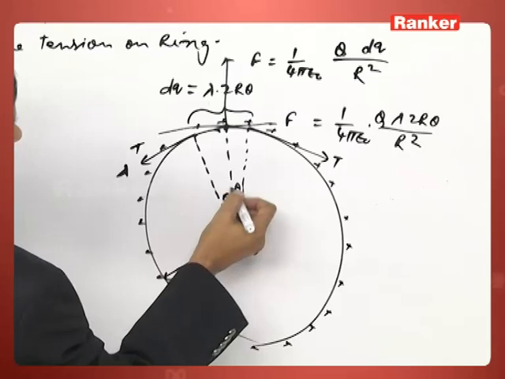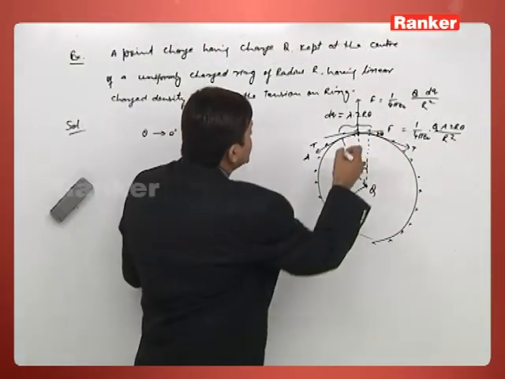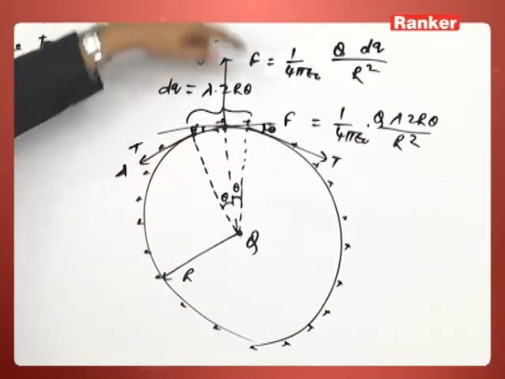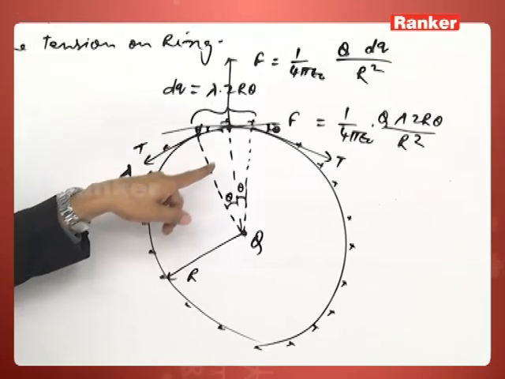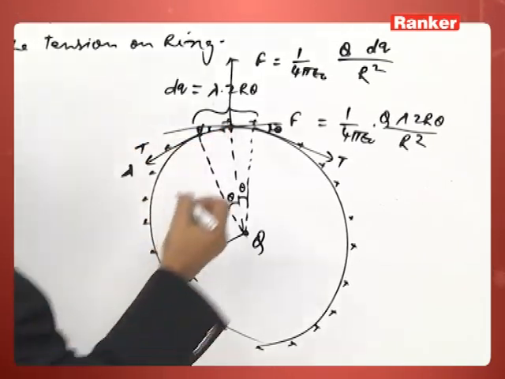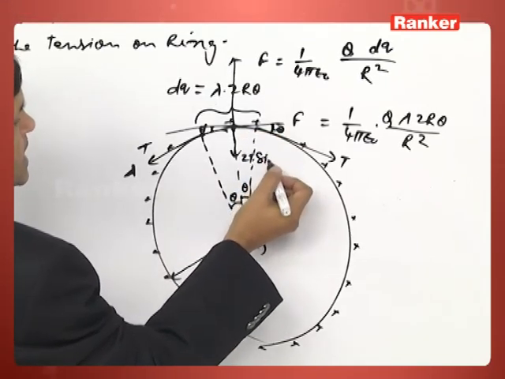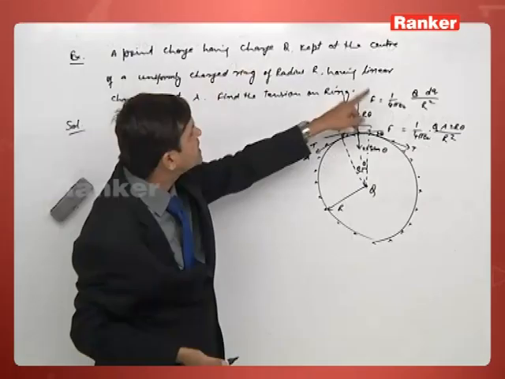When this tension develops here, tension has two components. If this angle is theta, this angle is also theta. So the T cos theta components of tension in that direction will cancel out. So the downward force will be 2T sin theta. This downward force is balancing this one.